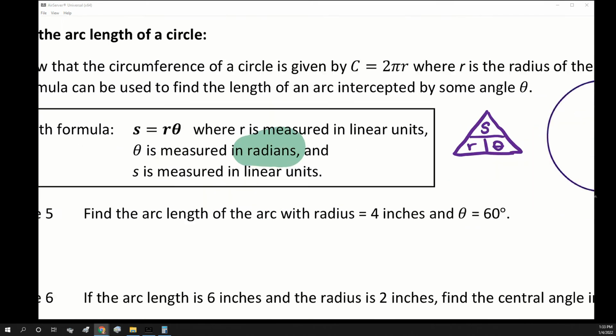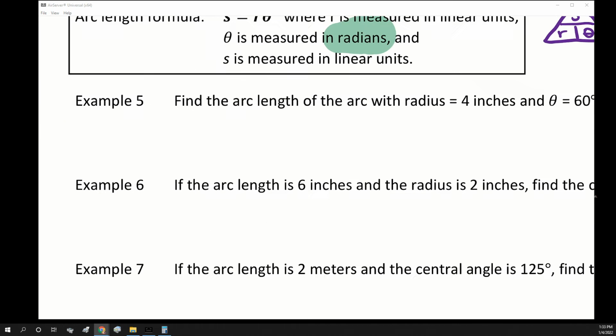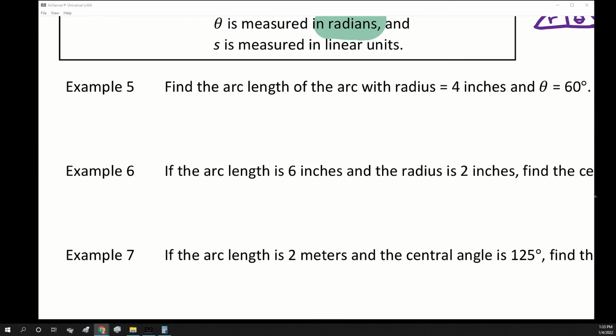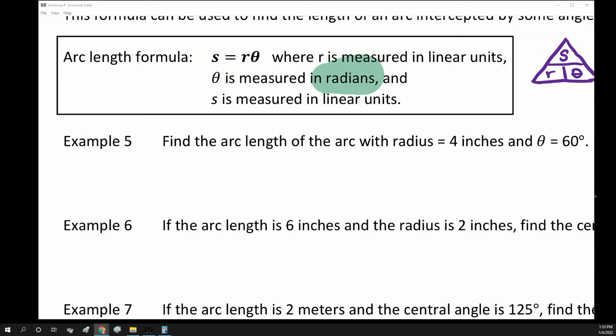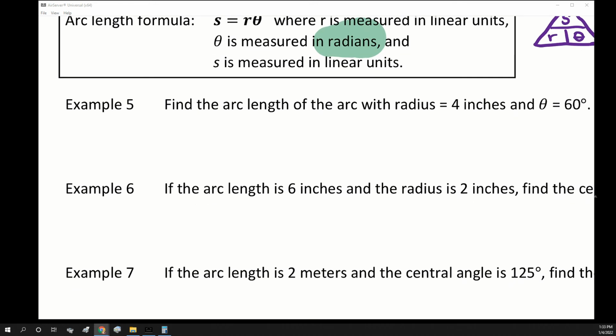All right, so for example 5, we want to find the arc length of the arc with radius 4 inches and theta, or central angle, whatever you want to call it, of 60 degrees. Now, to use this formula, the theta has to be in radians. So we would need to take a second and change 60 degrees to radians.